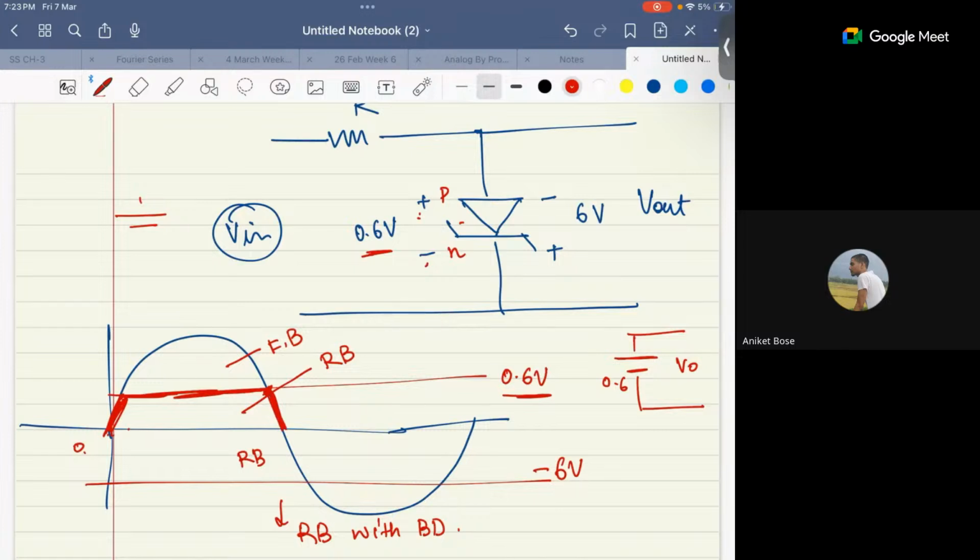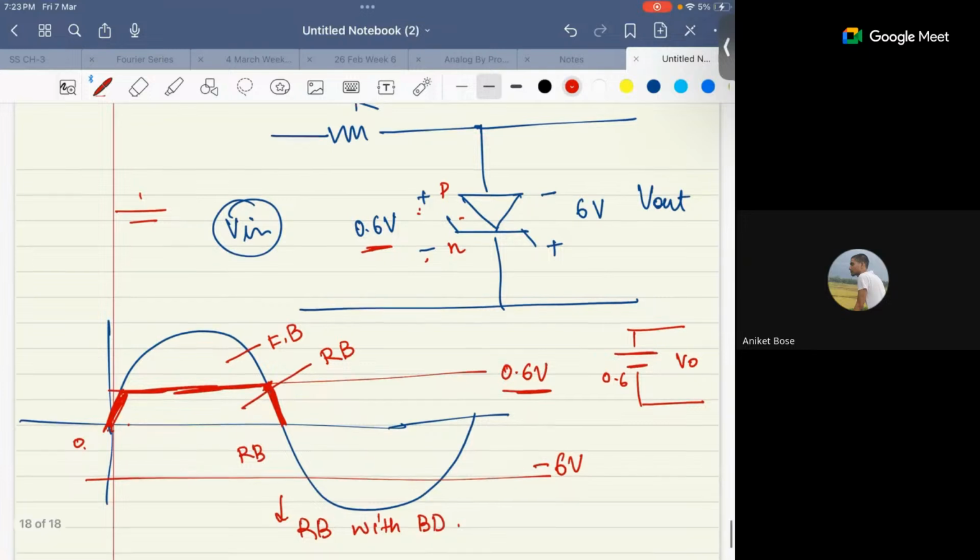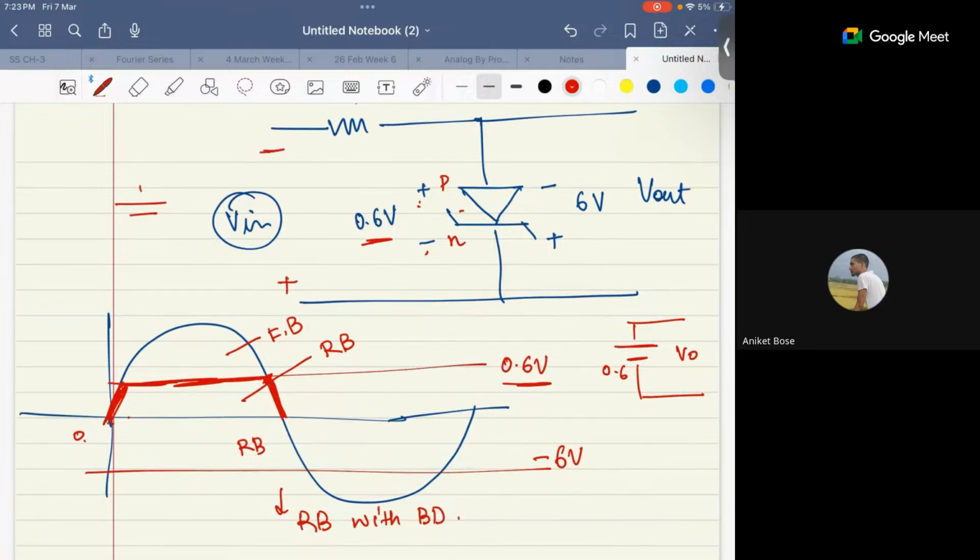Now in the negative half cycle, you can think of this as plus and this as minus. The voltage across this diode from P to N is less than 6 volt, so again it is reverse bias without breakdown, an open circuit, so V output follows V input.